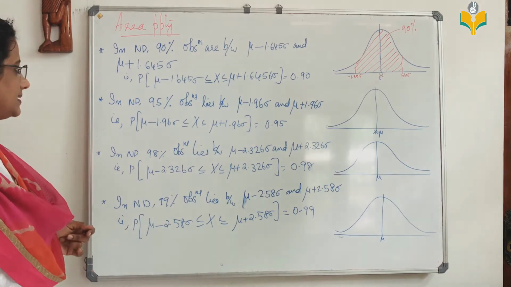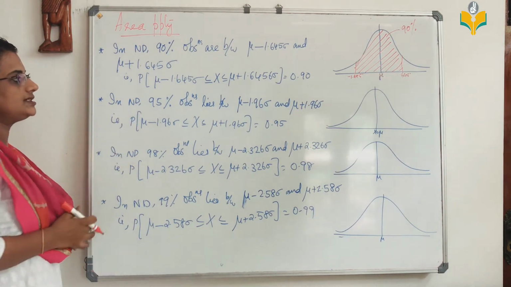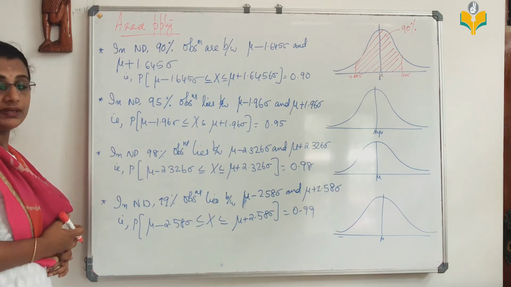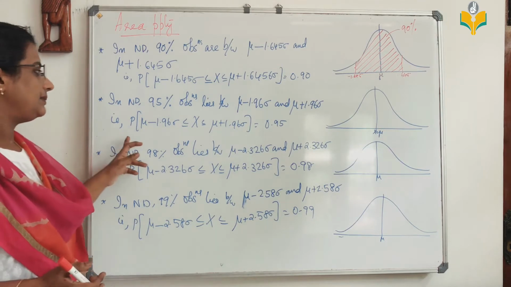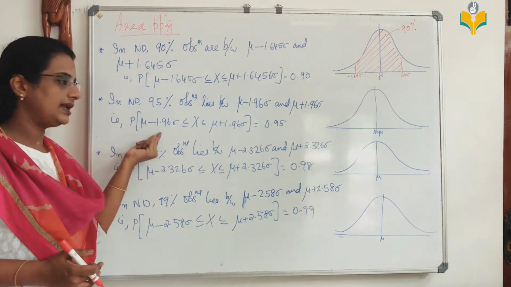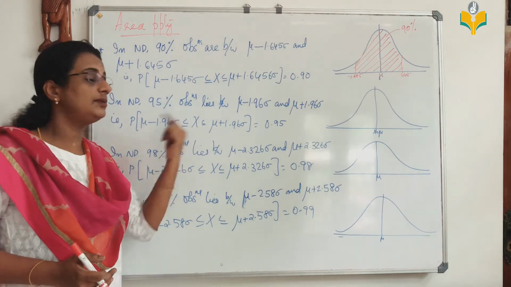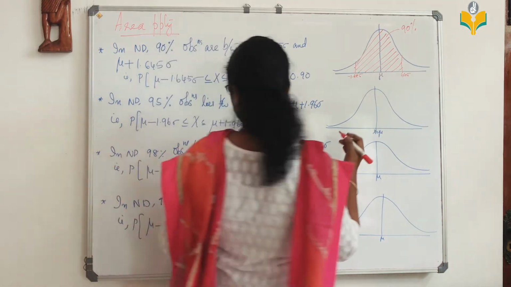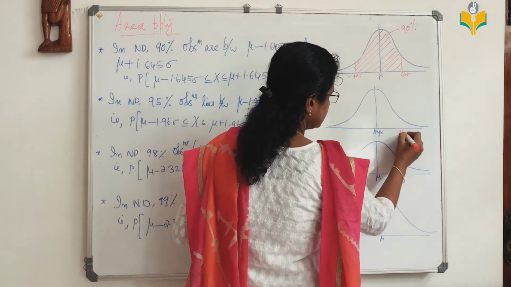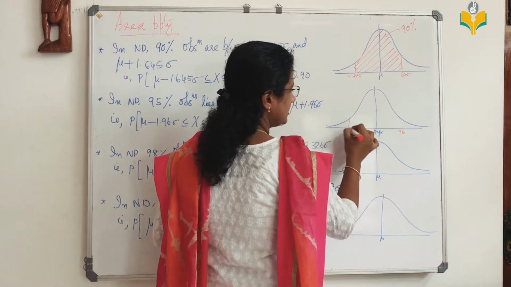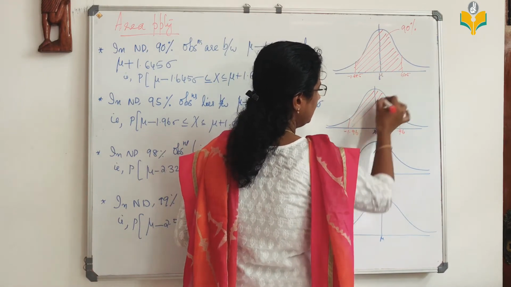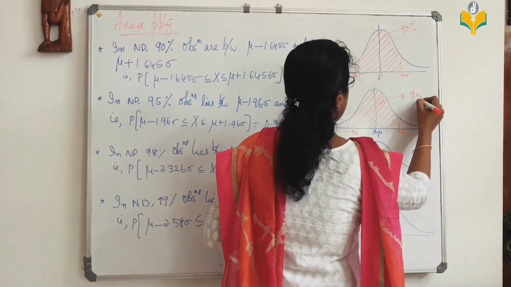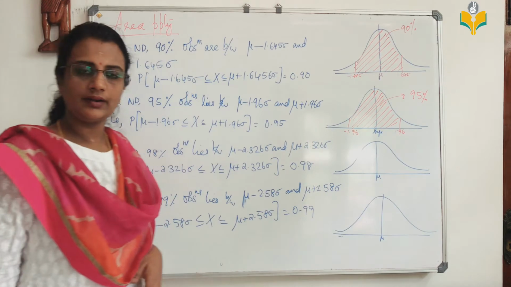That means 90%. Next, in normal distribution, 95% of observations lie between mu minus 1.96 sigma and mu plus 1.96 sigma. That means the probability of x lying between mu minus 1.96 sigma and mu plus 1.96 sigma is 0.95, that means 95%. If we put 1.96 here, we have minus 1.96 here, so this is the area, and the probability of getting this area is 95%. Alright.